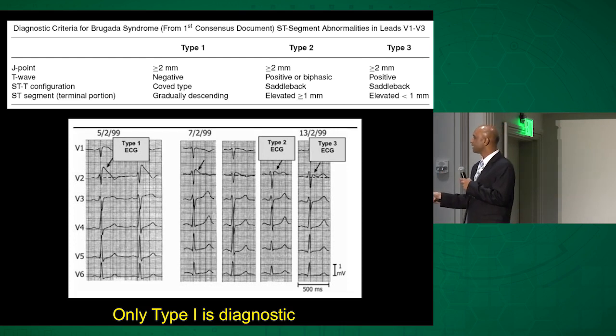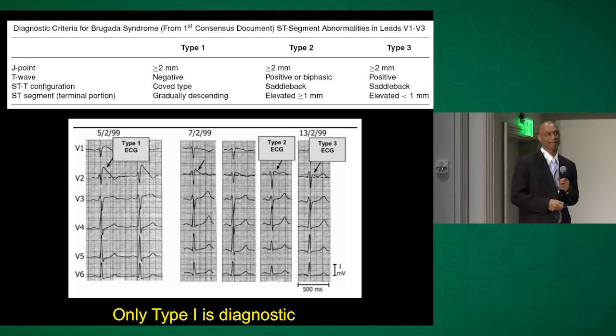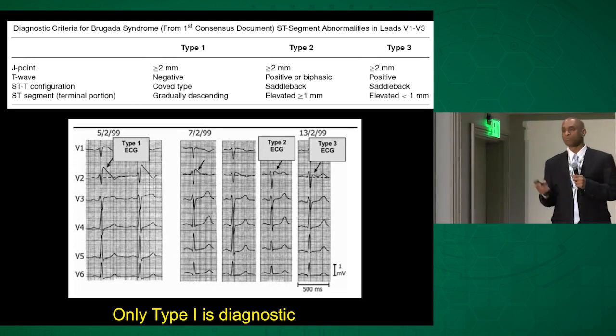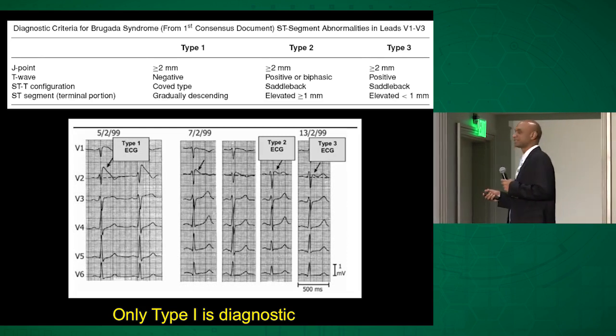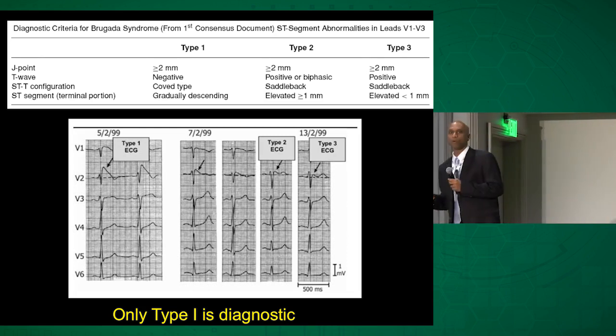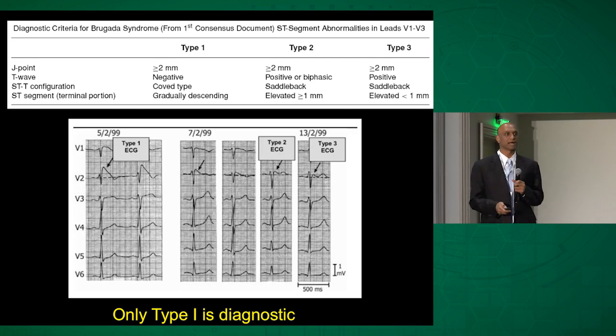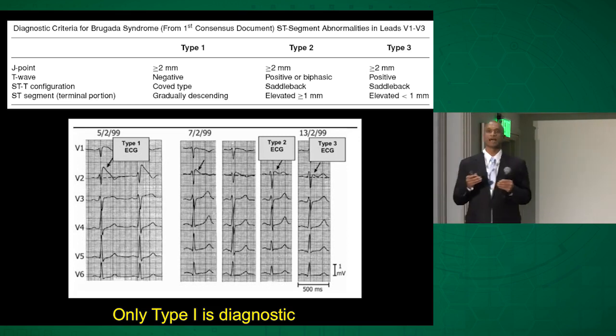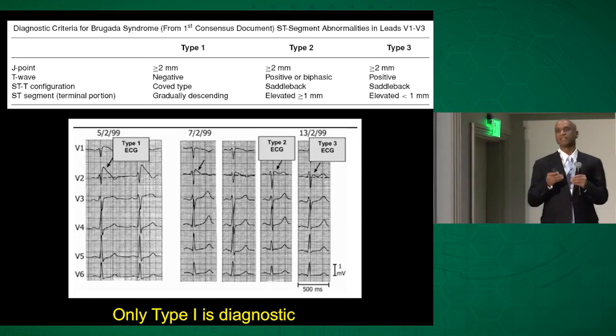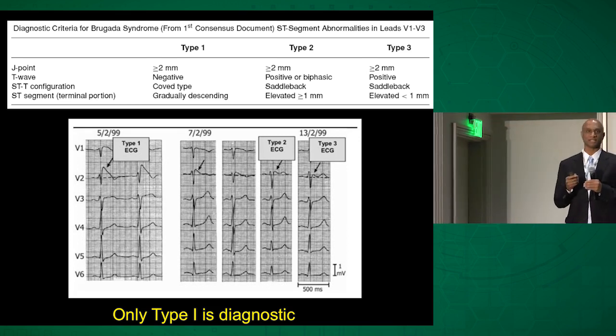Type 2 and type 3 Brugada patterns also have an ST segment elevation of more than 2 millimeters, but they are characterized by an upright T wave resulting in a saddleback pattern. Important thing to keep in mind here is that it is only the type 1 that is diagnostic of Brugada syndrome. Type 2 or type 3 Brugada patterns should make you suspicious, and you might do additional investigation to see if you can bring out a type 1 pattern in these patients.